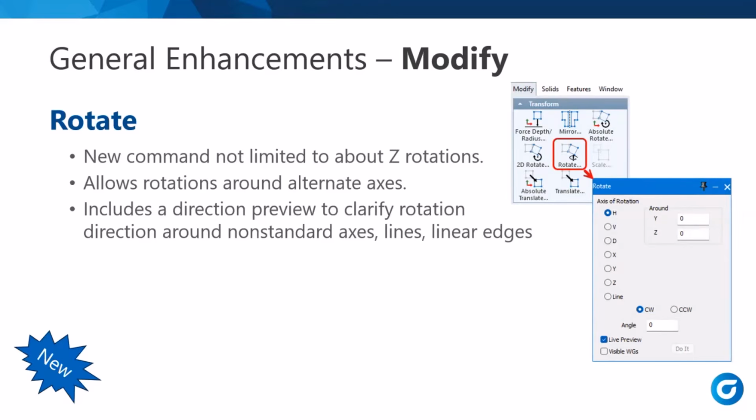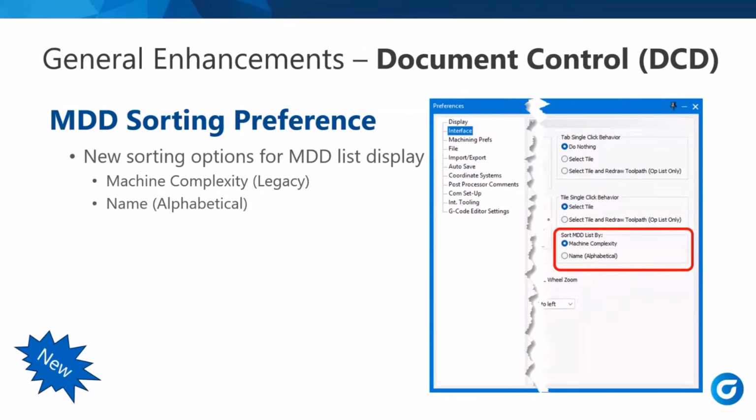All right, our next feature, MDD Sorting Preferences. Now, if you have a smaller shop and you've got a handful of machines, not a big deal for you. When you look in your document control dialog and you look at your list of machines, pretty easy to find them.